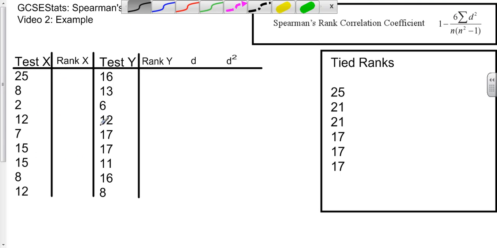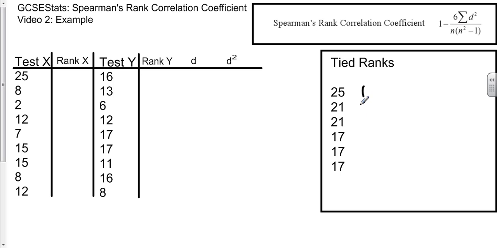Now, just before I do it for the actual data, I just want to talk about what happens if you get tied ranks. So for example, if these are our test scores, it's fairly easy to see that this is ranked first. Now, what you might do is say, well, this one is second and third, and this is fourth, fifth, and sixth. But actually, in Spearman's, you take the average of the ranks for where they've got the same score.